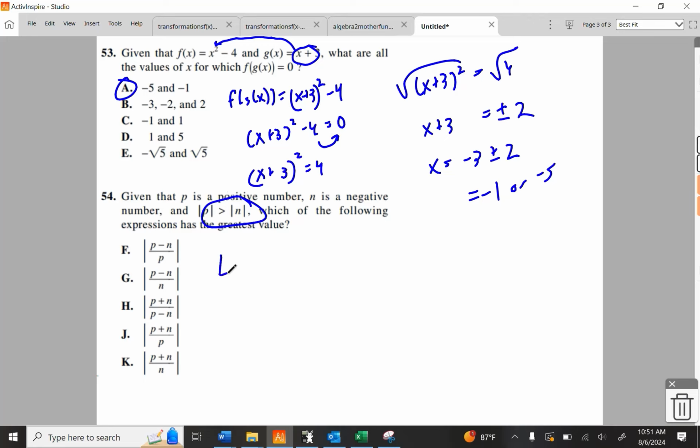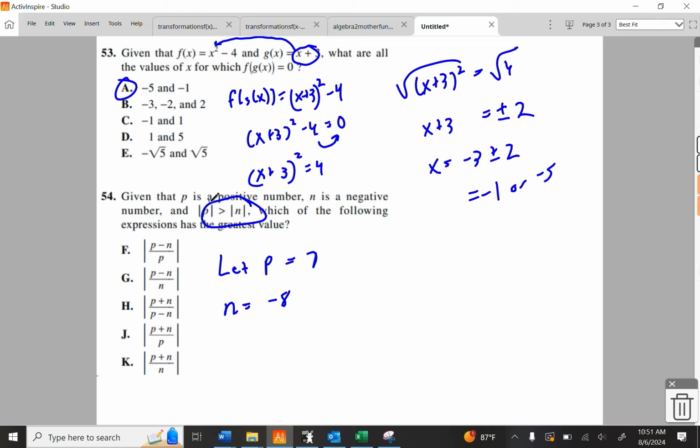So I'm going to let p, and it says p is a positive number, I'm going to let p be 7. N is a negative number, so let's let n be something like, let's do something wrong in the first place. Let's say n is negative 8. If n is negative 8, this won't be true. The absolute value of p has to be greater than the absolute value of n.